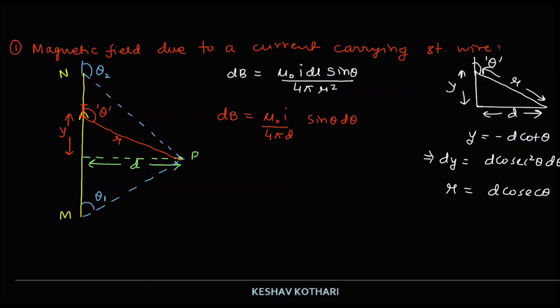This will become the value of magnetic field dB, and we are integrating it from theta 1 to theta 2. The limit of integration will be from theta 1 to theta 2, and that will give us the total strength of the magnetic field due to this wire. So the magnetic field can be calculated as mu naught I upon 4 pi d into cos theta 1 minus cos theta 2.